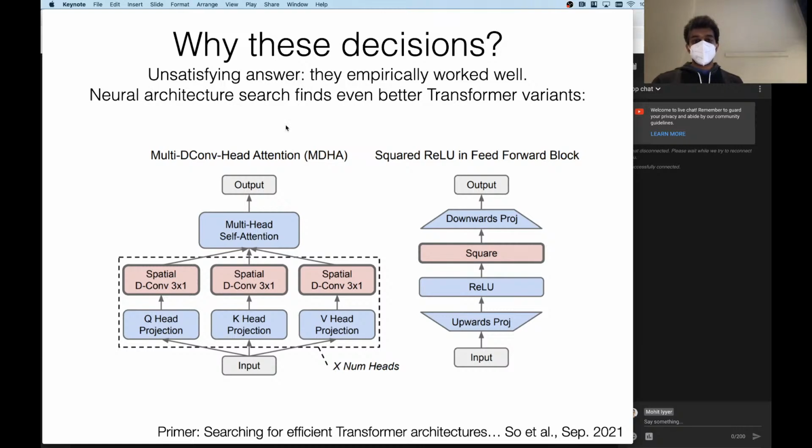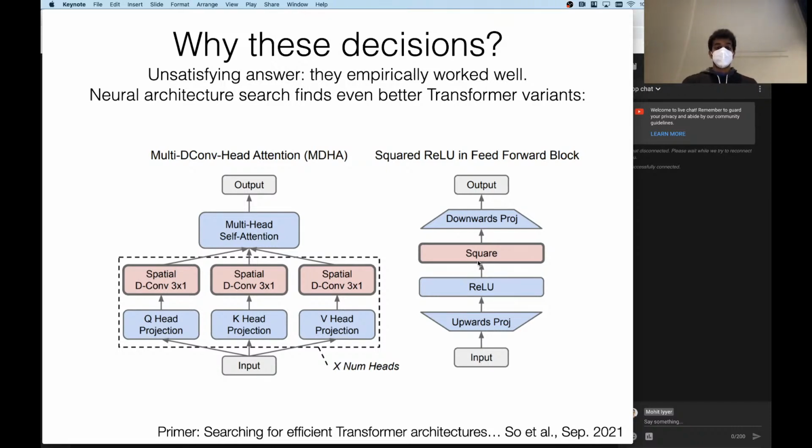In a paper that was published late last year, they showed that the nonlinearity in the transformer model is the rectified linear unit, or ReLU. The normal transformer applies a ReLU after doing the feed-forward linear transformation.